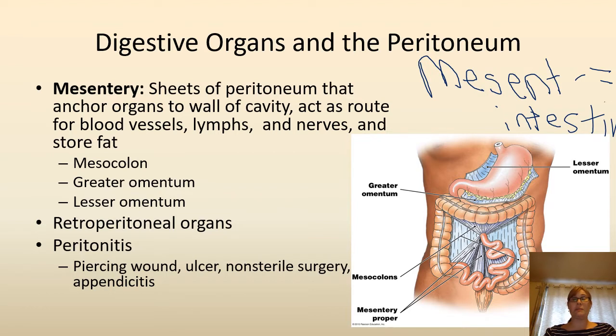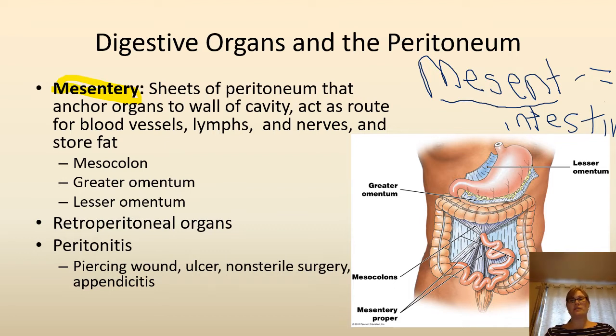When we did the blood vessels, we learned about the superior mesenteric and inferior mesenteric arteries, and that's what that word means. It means intestine. So the mesenteries are sheets of peritoneum.